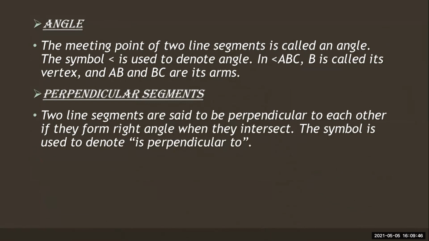Perpendicular segments. Two line segments are said to be perpendicular to each other if they form a right angle when they intersect. The symbol is used to denote is perpendicular to.